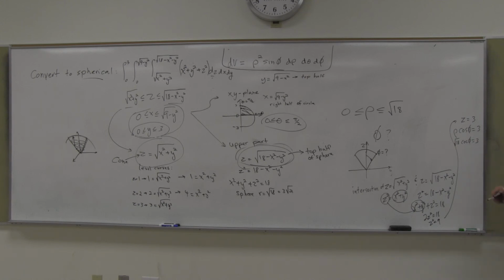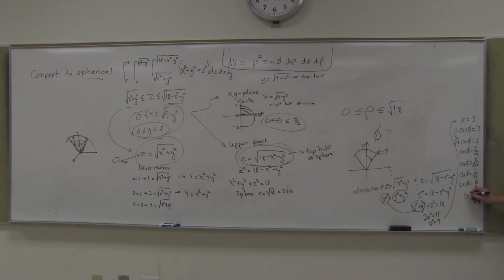So cosine phi is 3 divided by the square root of 18, which may not ring a bell, but if we change that to 3 square root of 2, the 3's cancel, so cosine phi equals 1 over the square root of 2, which is the same as square root of 2 over 2.